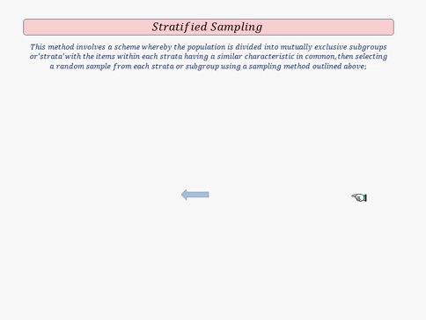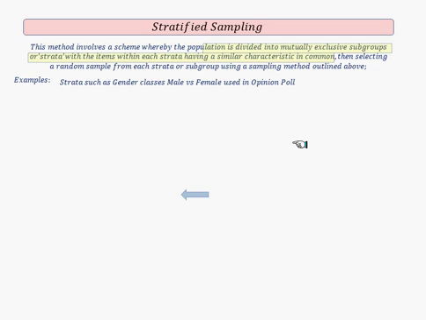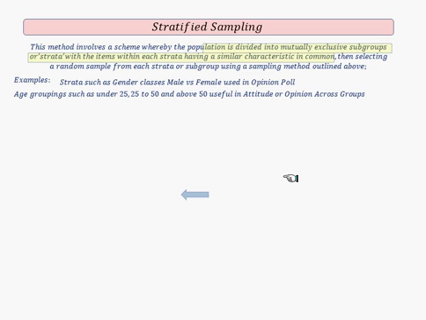Stratified sampling, on the other hand, is where the population is divided into mutually exclusive subgroups, or strata, or layers, and we take samples from each of these layers or strata. Typically the strata might be gender, such as male, female, since attitudes may differ from male to female. Age groupings, under 25, 25 to 50, over 50.